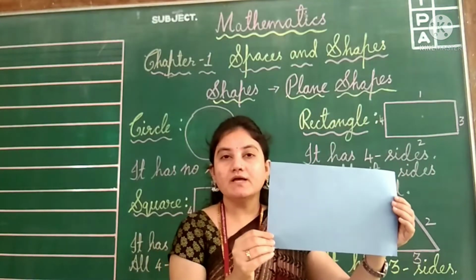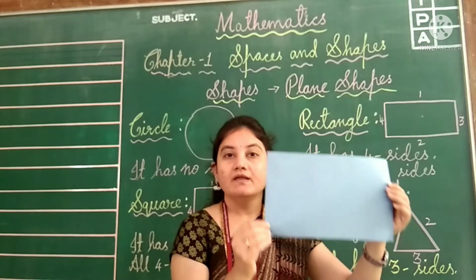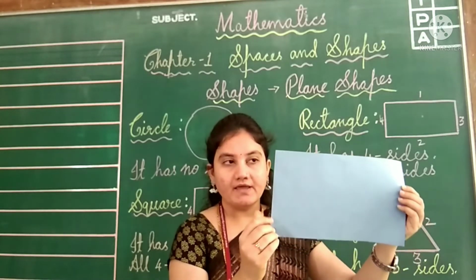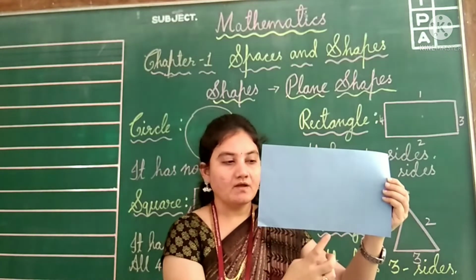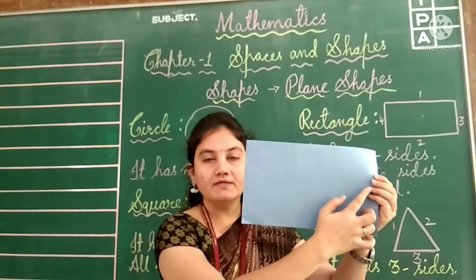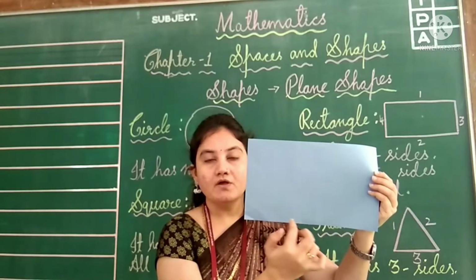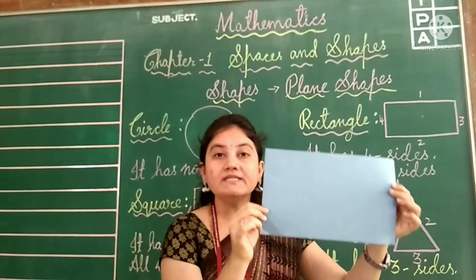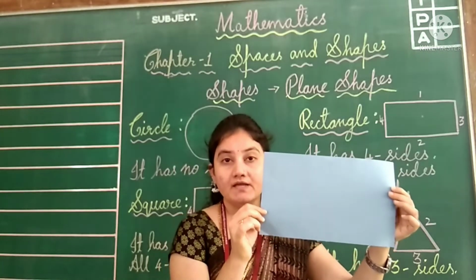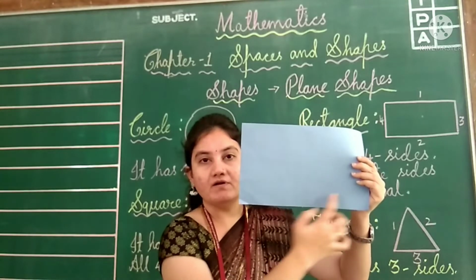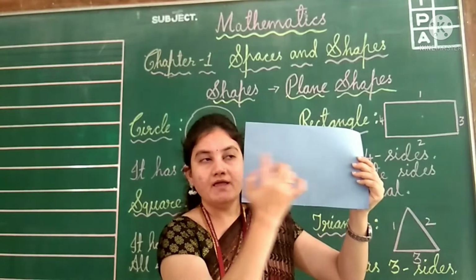Next, you can see the rectangle. It also has 4 sides. See here. 1, 2, 3 and 4. Isn't it? It also has 4 sides. But its opposite sides are equal. See here, children. 1, 2. They are equal. Then 3, 4.